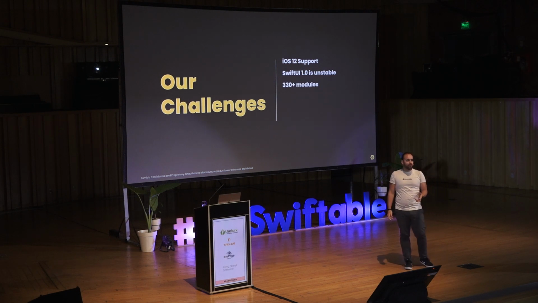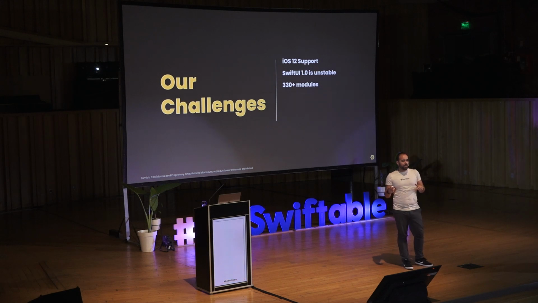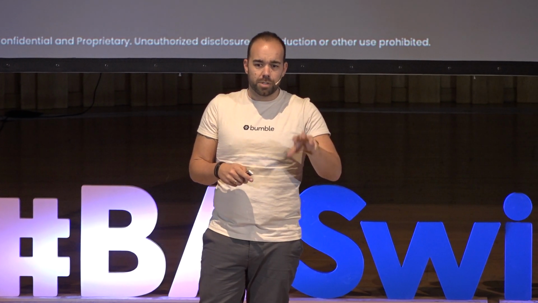We have in our code base more than 330 frameworks, and they are architected in a very specific way. And this is a challenge because when you have so many frameworks, several applications consume these frameworks. The code that you write for those frameworks will be compatible with these applications and the other way around.